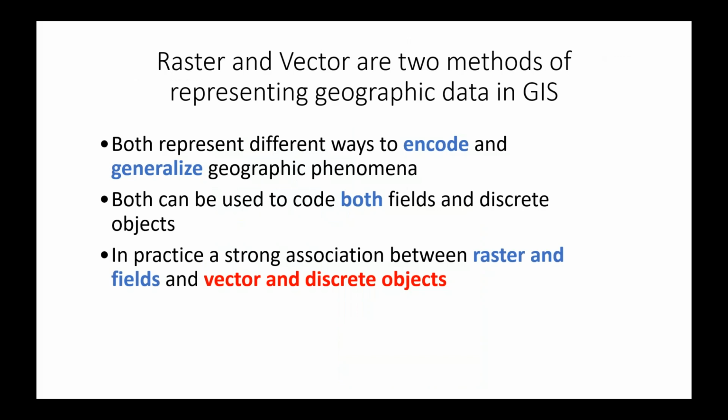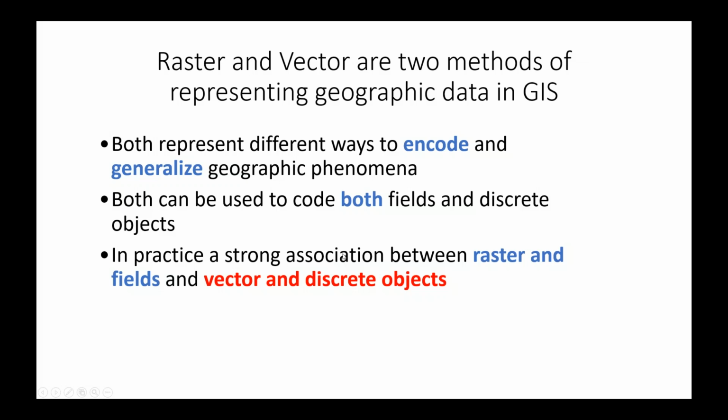When we think of representing geographic information, there's really two ways, raster and vector. And both are different ways to encode and generalize geographic phenomena. Both can be used to represent fields and discrete objects. But in practice, there's a strong association between raster and fields and vectors and discrete objects.